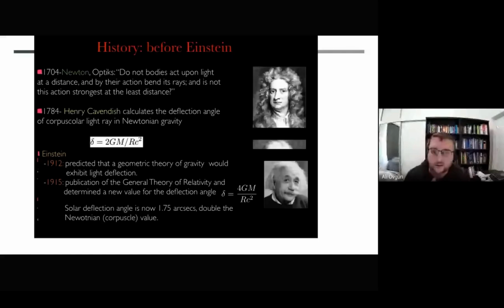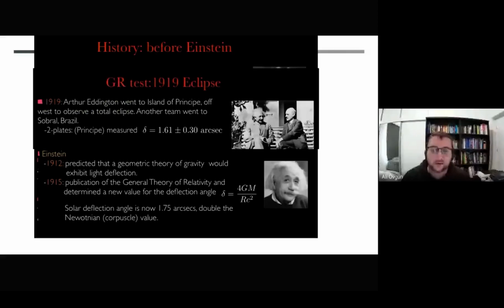After that, Einstein published the general theory of relativity and showed that the new value should be 2 times the Newtonian one, so it doubled the Newtonian value. Then, using data taken during a solar eclipse in 1919, Eddington measured a value close to the GR prediction, and then Einstein became famous.